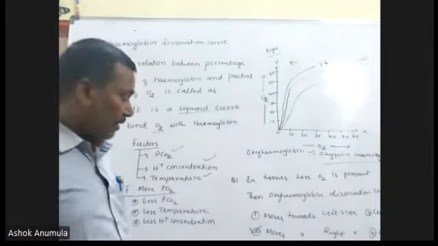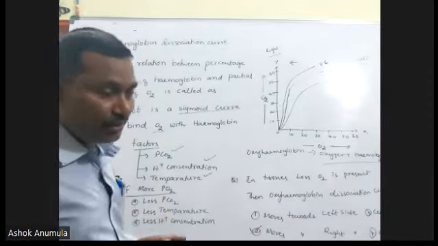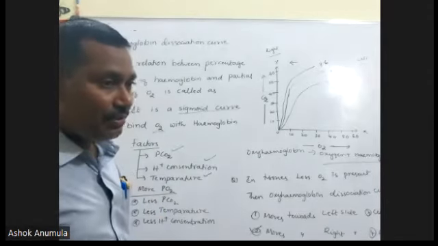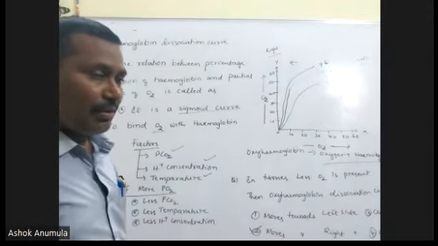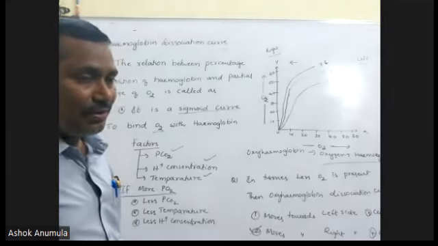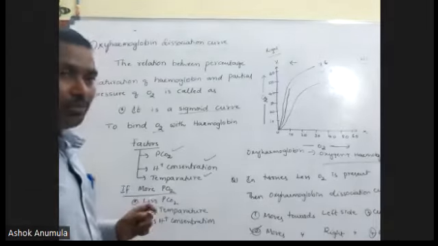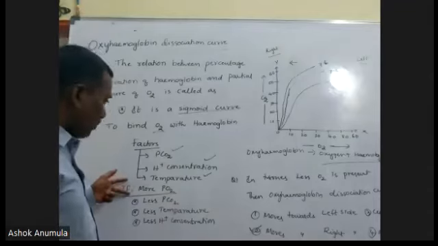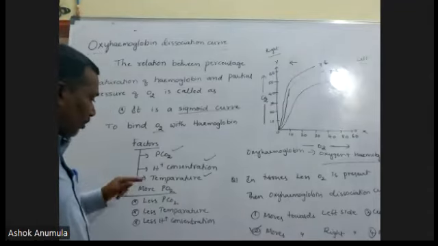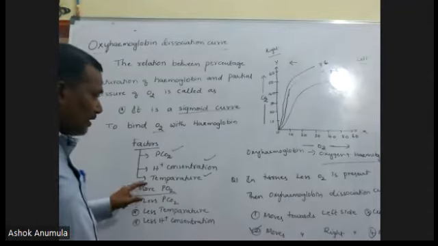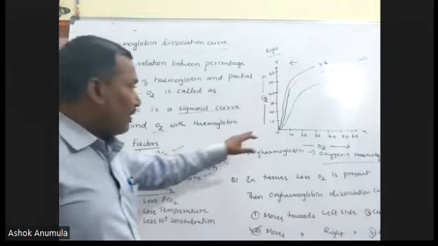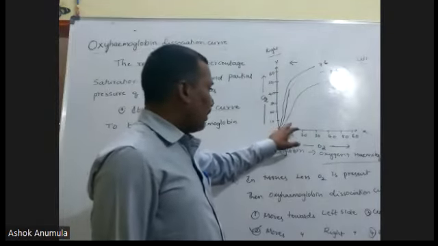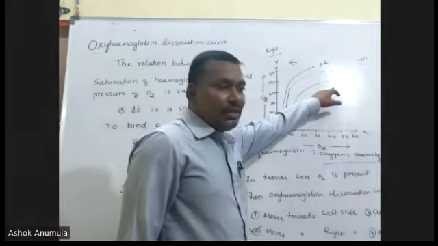What is the answer now? First option, sir. Moves towards left side. Good, very good, excellent. Why? Because more oxygen is present. When more oxygen is present, the oxygen combines with hemoglobin. When the oxygen combines with hemoglobin, the curve moves towards the left side.